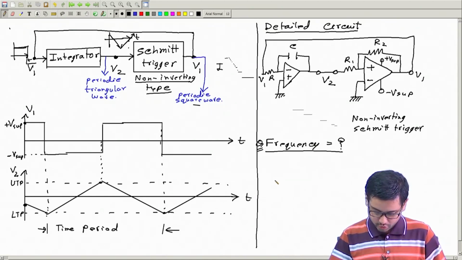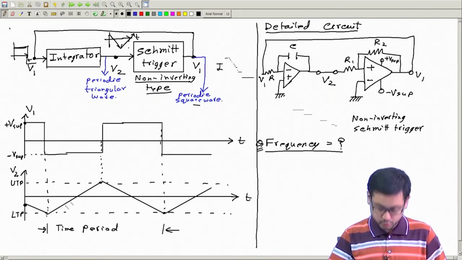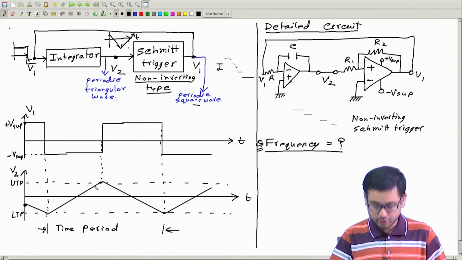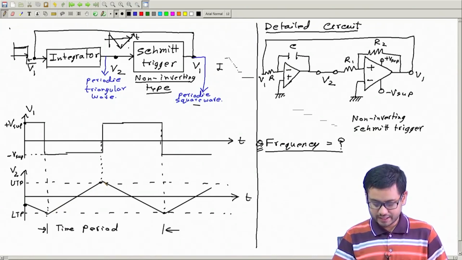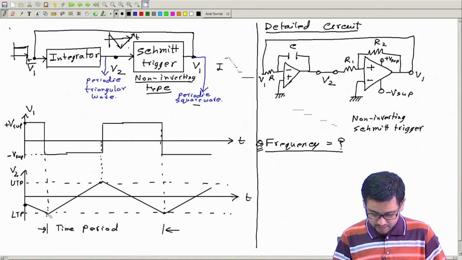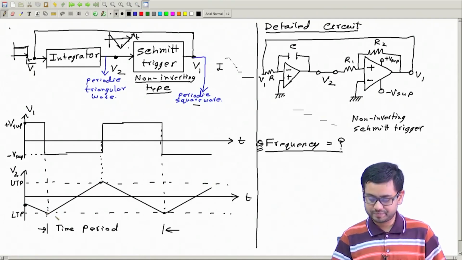For this V2, you see V2 is increasing from the lower trigger point to the upper trigger point, LTP to UTP, like a straight line uniformly. So let us calculate how long V2 will take to grow from LTP to UTP.